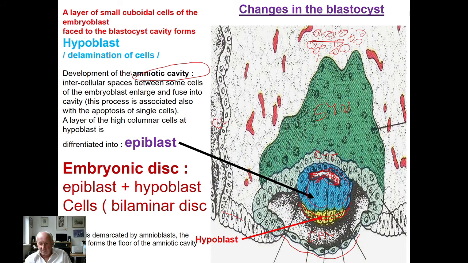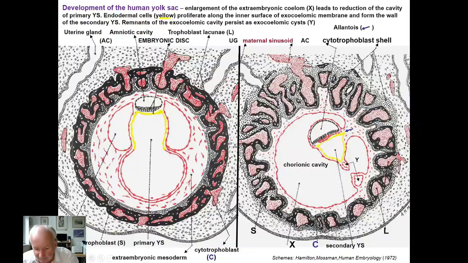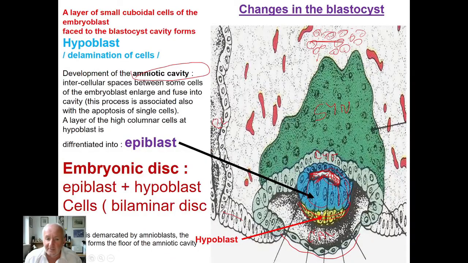Next to the cells of hypoblast, you will suddenly see very high columnar cells, the cells of epiblast. The cells on the opposite side, which have a cuboidal or polyhedral shape, form the ceiling.